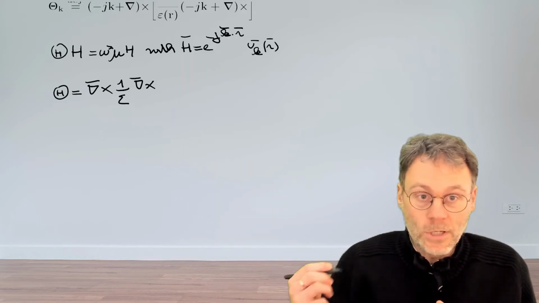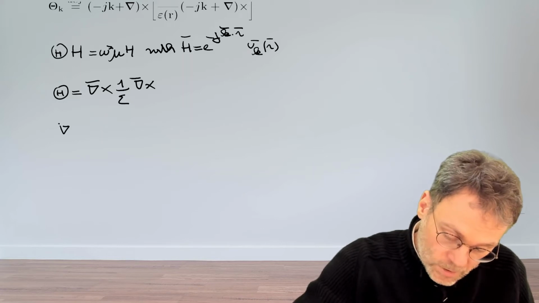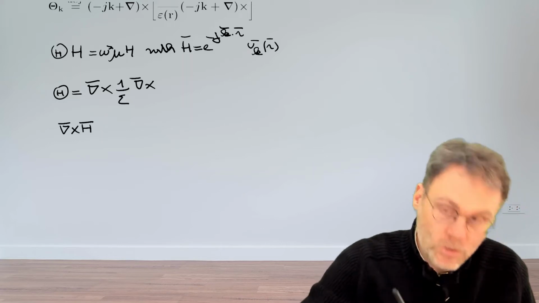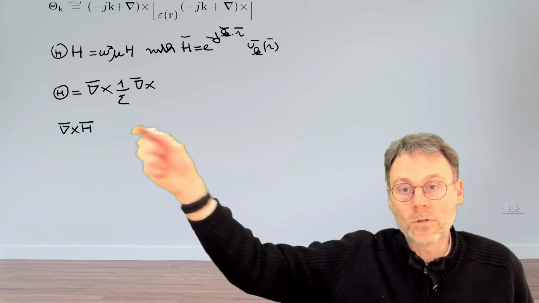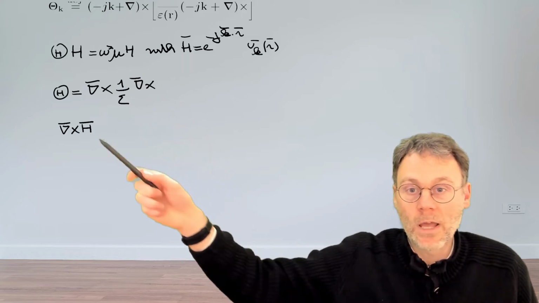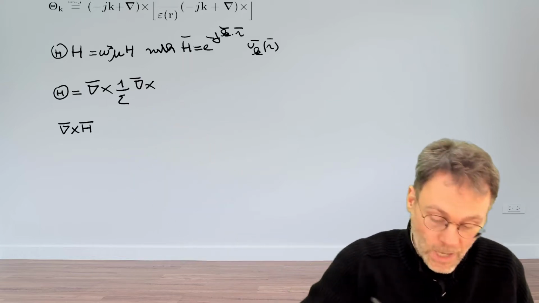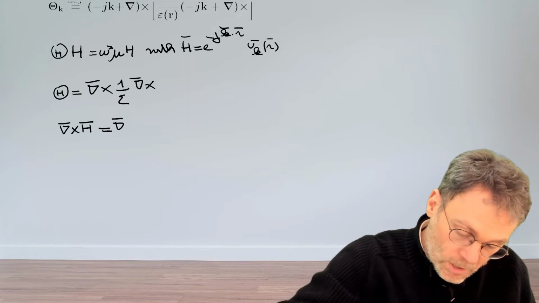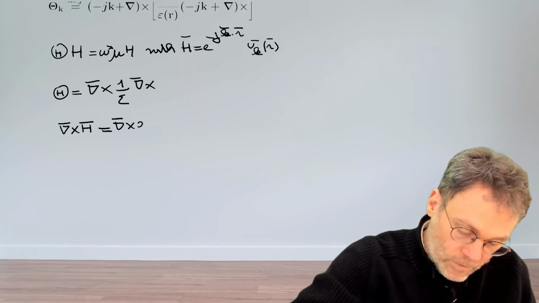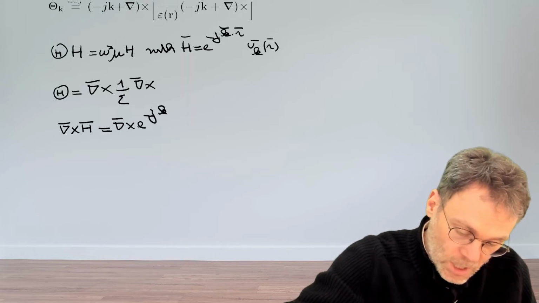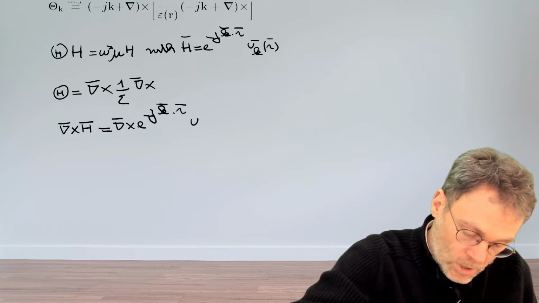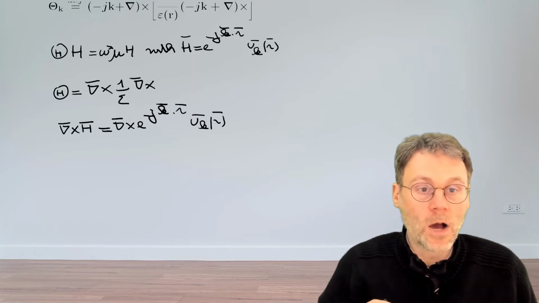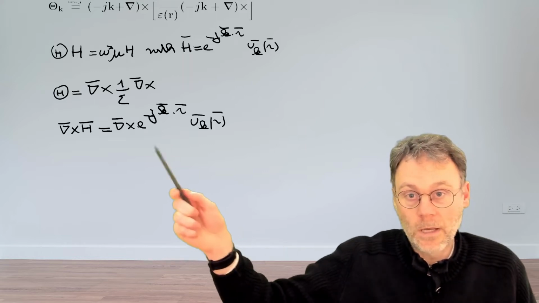So the first thing which is relevant, of course, is trying to figure out if we just have the curl of h rather than the whole operator, so just the first element of that operator. If we have the curl of h, what happens? So the curl of h becomes the curl of exponential minus jkr uk of r. And let's see how we can expand that.